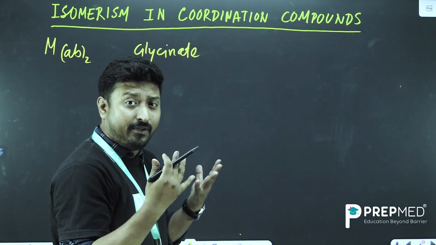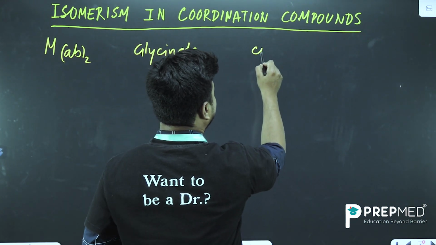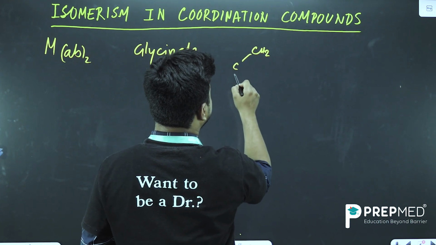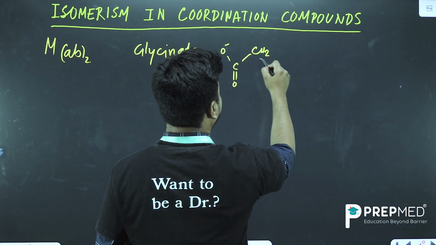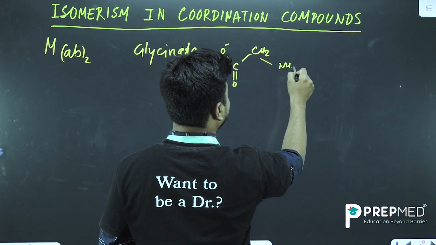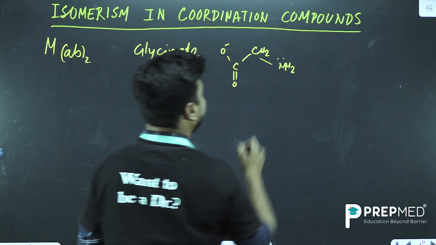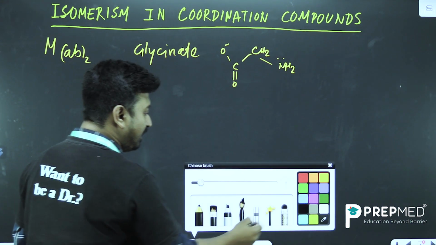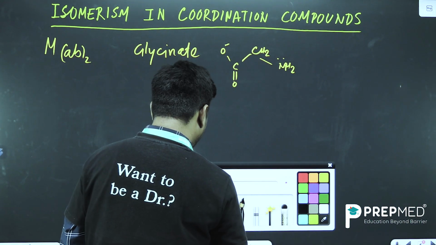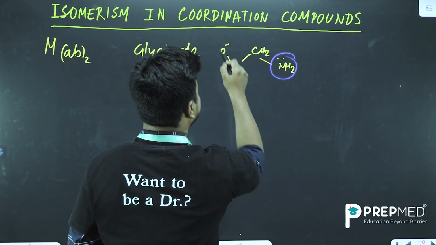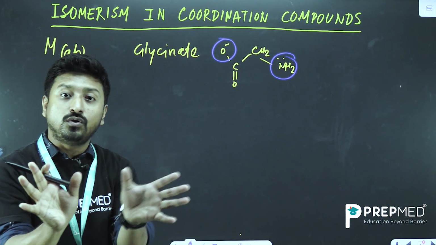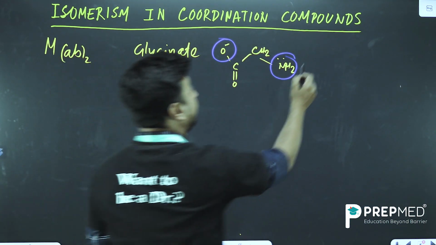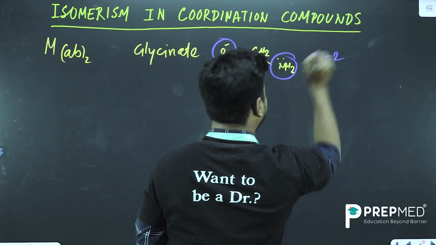Just draw simple amino acid glycine. CH2, C, O minus and NH2. Right? Now here if you see very clearly, there are 2 donor centers. Nitrogen is a donor center and the oxygen is a donor center. So this makes the denticity equal to 2.